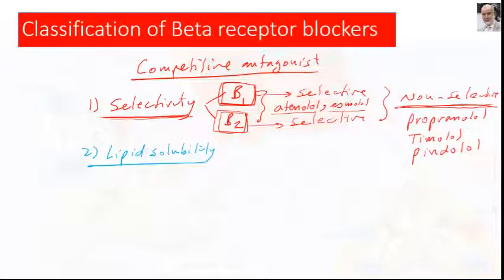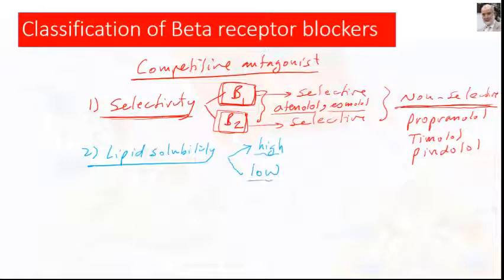Drugs with high lipid solubility can penetrate the blood-brain barrier and can have a central effect. Drugs which have low lipid solubility, i.e. they are water soluble, cannot penetrate the blood-brain barrier, and therefore have only peripheral effects. Therefore, there are some beta blockers with high lipid solubility and some with low lipid solubility.